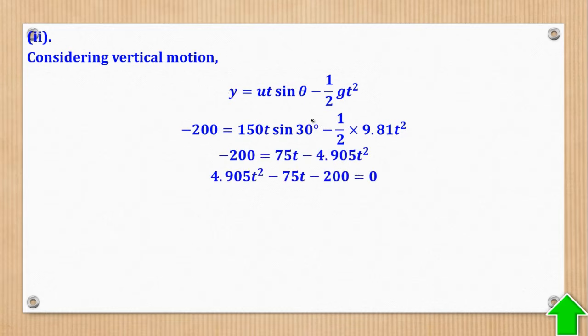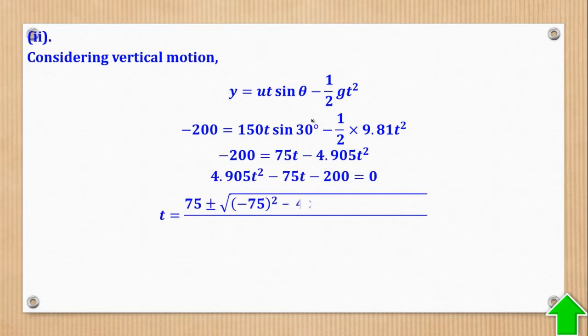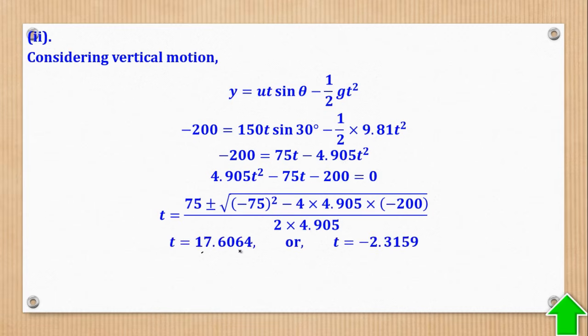Therefore, I'll have a quadratic in t and solve it using either the formula or factorization method. But in this topic, the formula is recommended because the values of t sometimes will be in decimal places, meaning you cannot factorize. For example, in this case, I can see they're in decimal places, meaning using the method of factorization was not okay. It will not give you the answer.